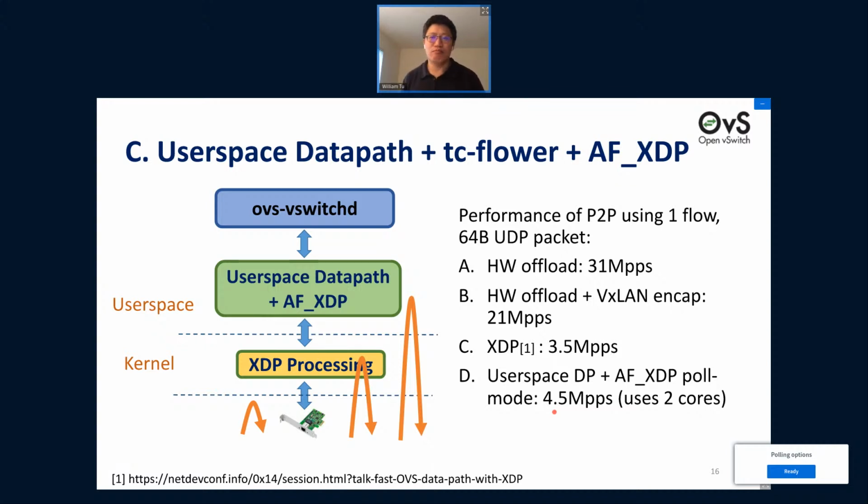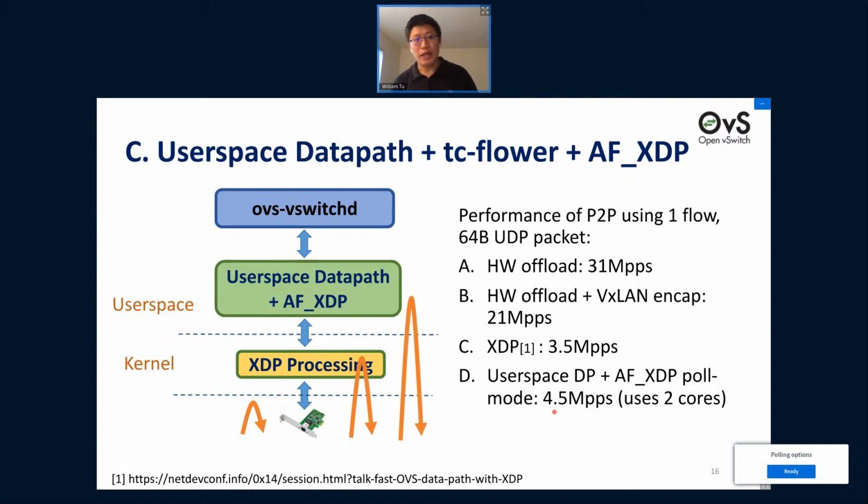Then if it could not be done in C, we fall back into case D, which does the userspace datapath with AF_XDP. It shows about 4.5 million packets per second. Also, one thing to mention is the CPU cycles.